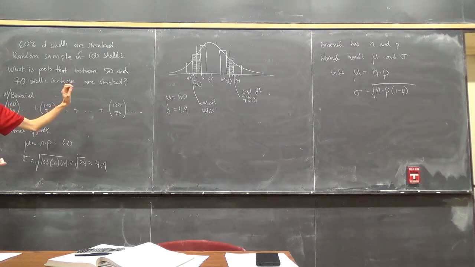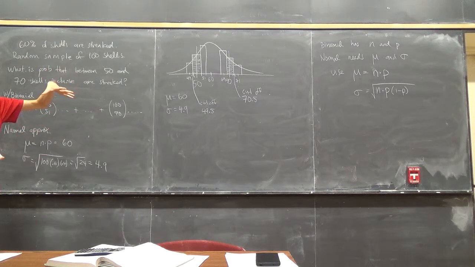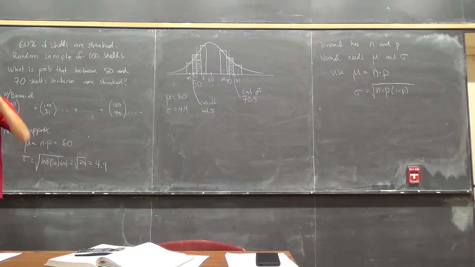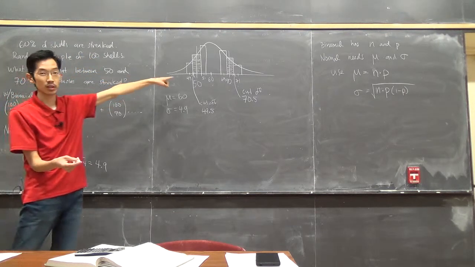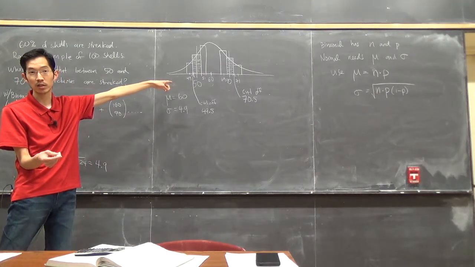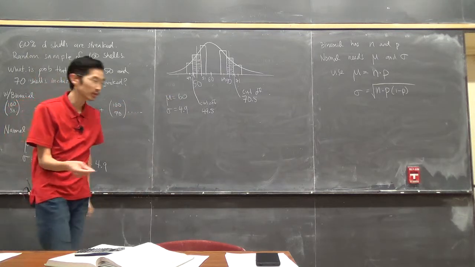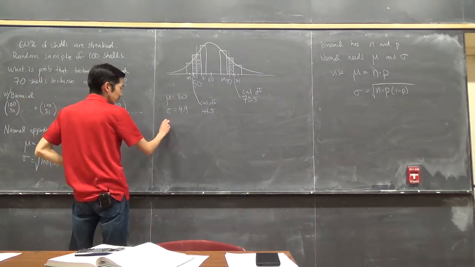What we're trying to do is get an approximate answer using the normal model, knowing that the normal model is pretty close to the binomial model. And the approximation is actually very good, especially if you take into account this continuity correction.